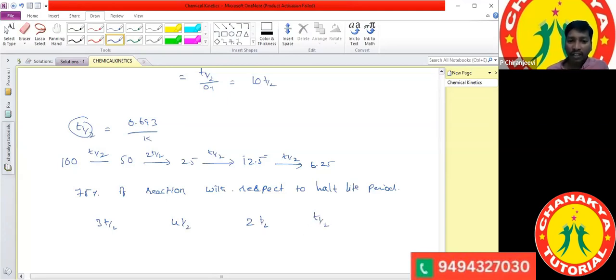How can we identify? Just check it out. First 100 to 50, here we completed 50%, and 50 plus 25 is 75% now.